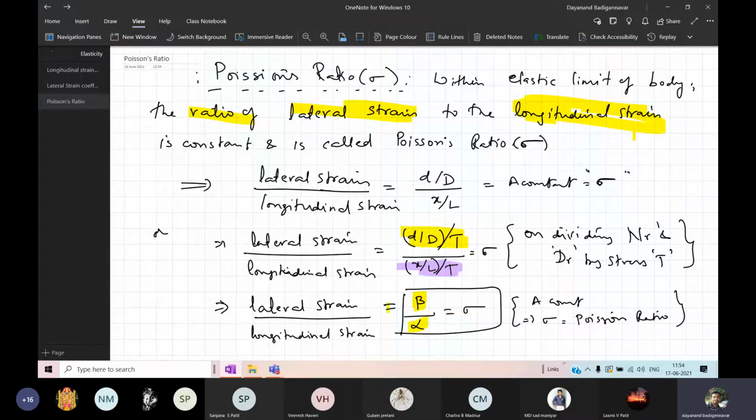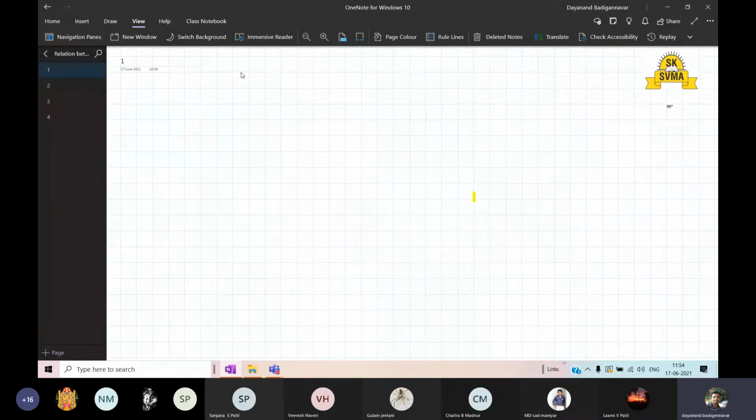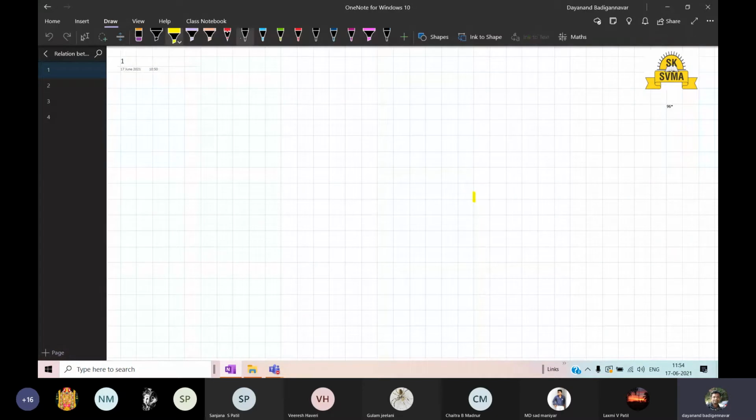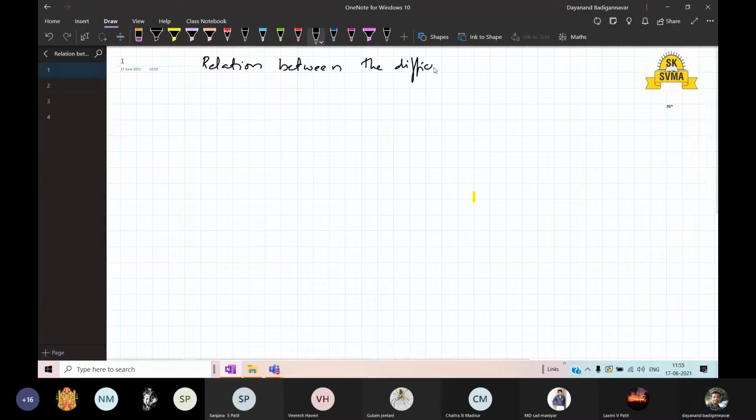What we'll do is we'll study the relation between the three different elastic constants.